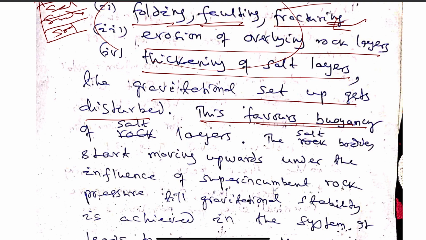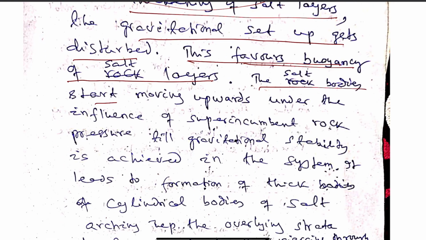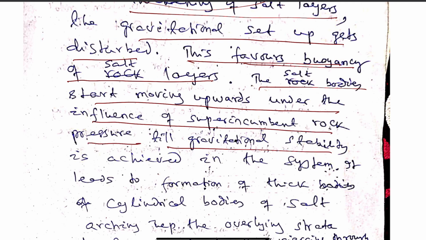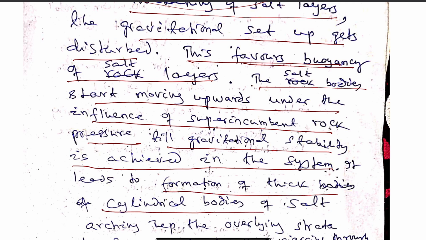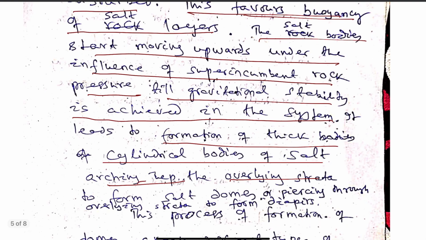The buoyancy comes into play in salt layers because of the disturbance in the depositional environment. The salt bodies start moving upwards under the influence of superincumbent rock pressure till gravitational stability is achieved in the system. It leads to the formation of thick bodies of cylindrical salt, pushing up the overlying strata, and these form the salt domes or quaquaversal structures.